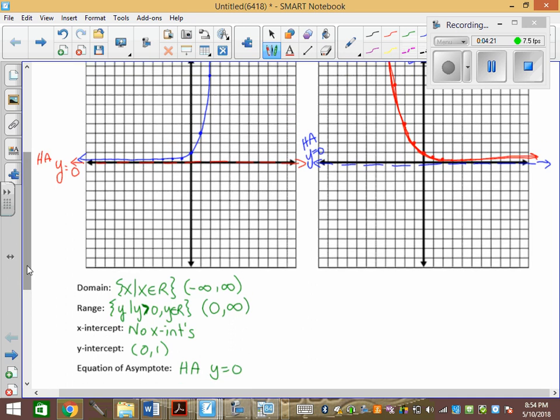And this graph, although it's decreasing, has all the same domain, range, x-intercept, y-intercept, and equation of the asymptote. These are all the same. Just because it's decreasing doesn't mean it changes my range or my domain, or that it's crossing the x-axis.